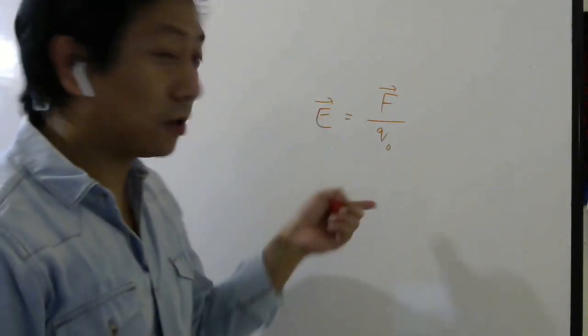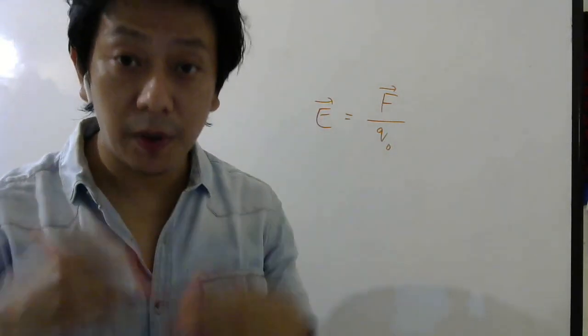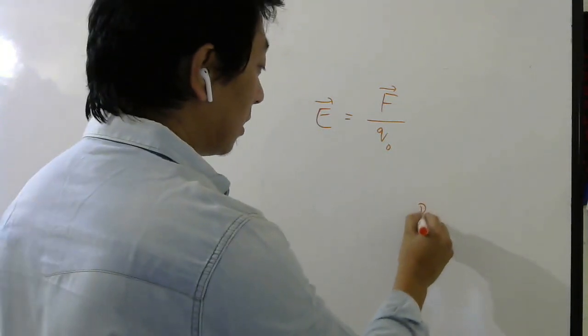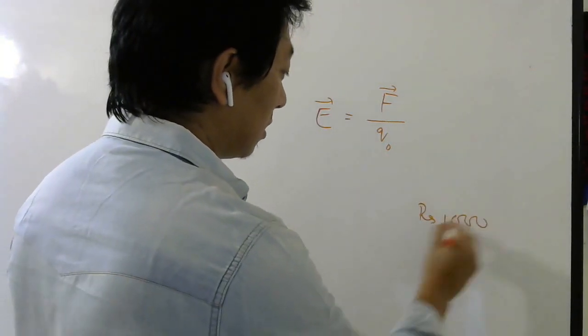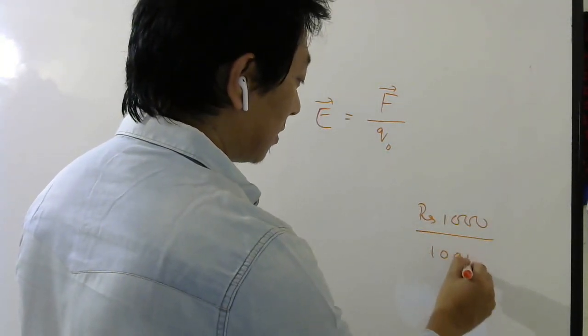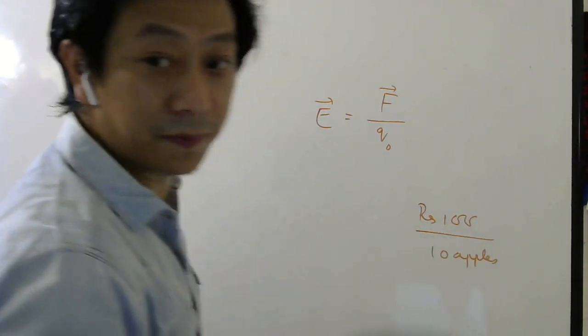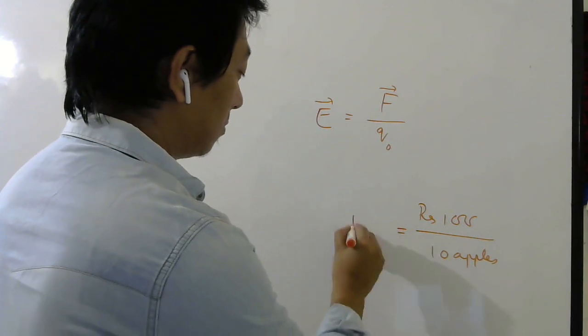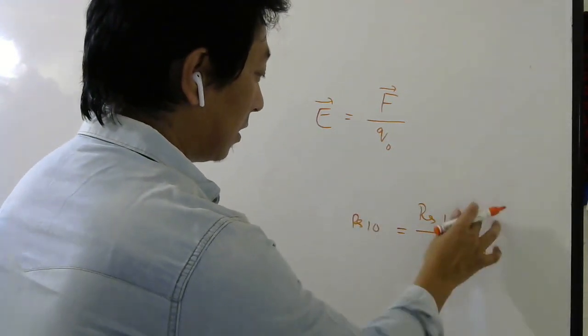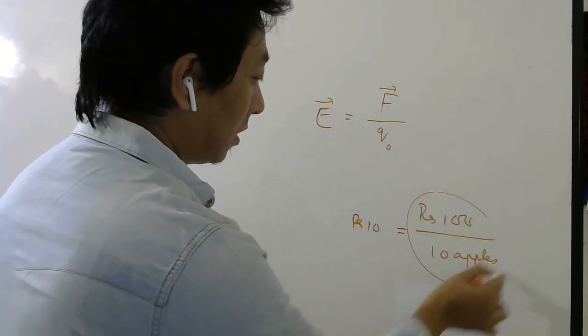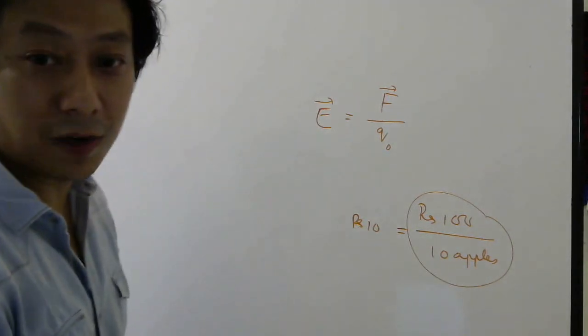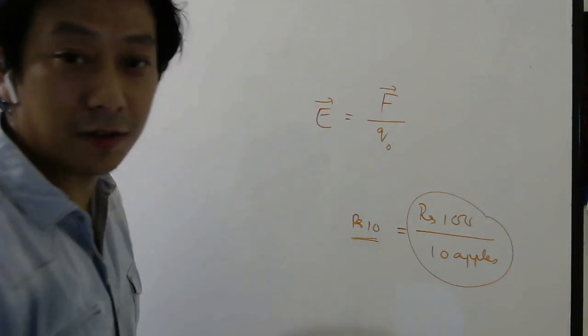So when you divide by Q naught, you can also call it per unit charge, right? When you say rupees 100 divided by 10 apples, then what will be the answer? Rupees 10. So once you divide rupees 100 by 10 apples, this is price of one apple.